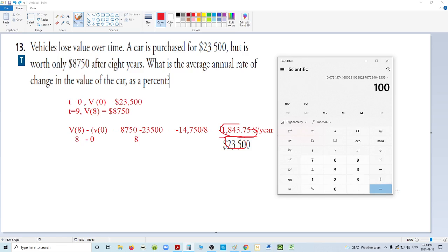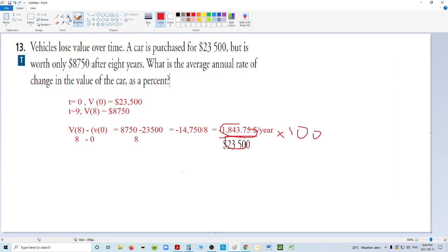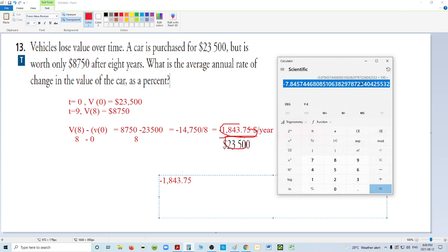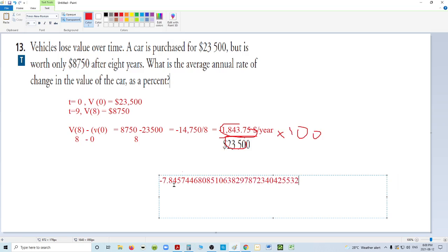So the percentage value of the car that you're losing, depending on what decimal point he wants, is negative 7.85%. So he's losing 7.85% of the value of the car every year, which makes sense.